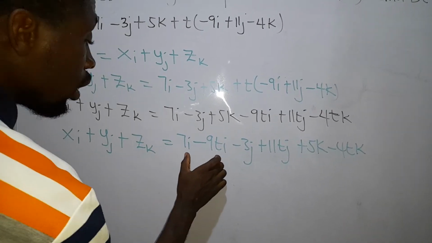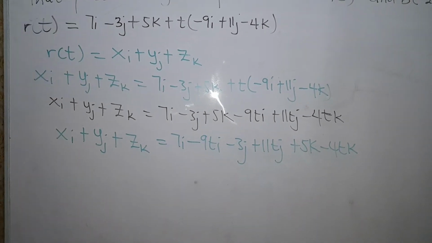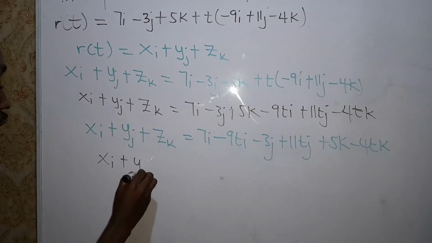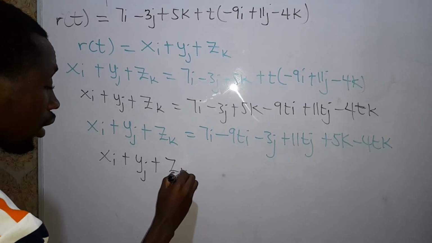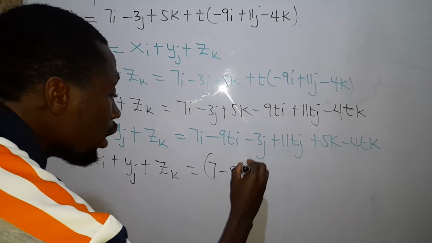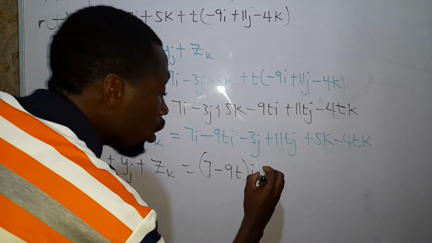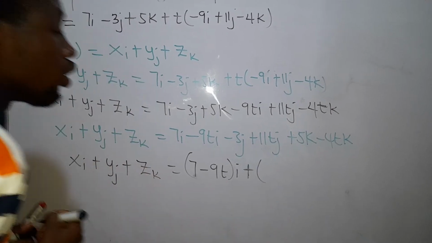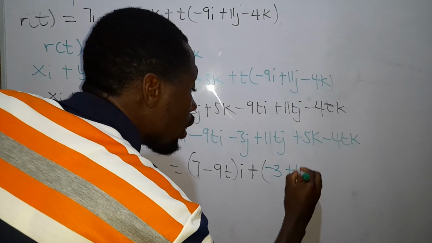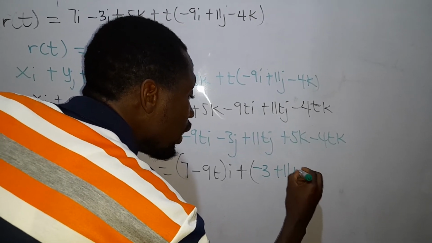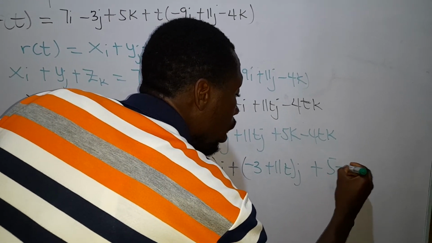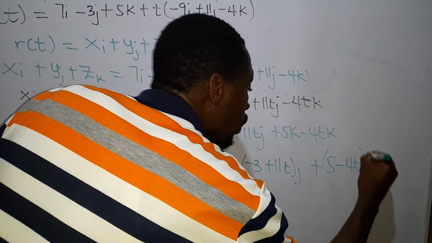So what do we have? We can factor out the i's, the j's, and the k's. So xi plus yj plus zk will be equal to (7 minus 9t) times i, plus (-3 plus 11t) times j, plus (5 minus 4t) times k.